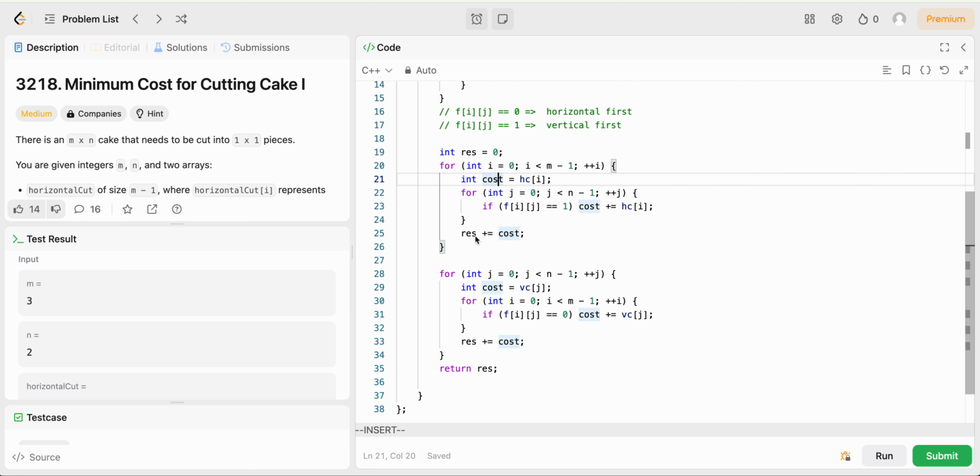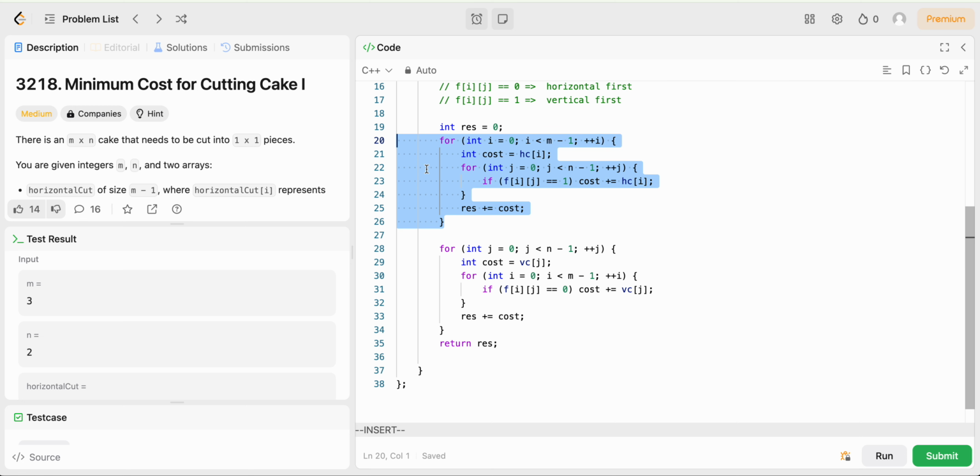Okay, then RES plus equals cost. Now we have checked all the horizontal lines already.